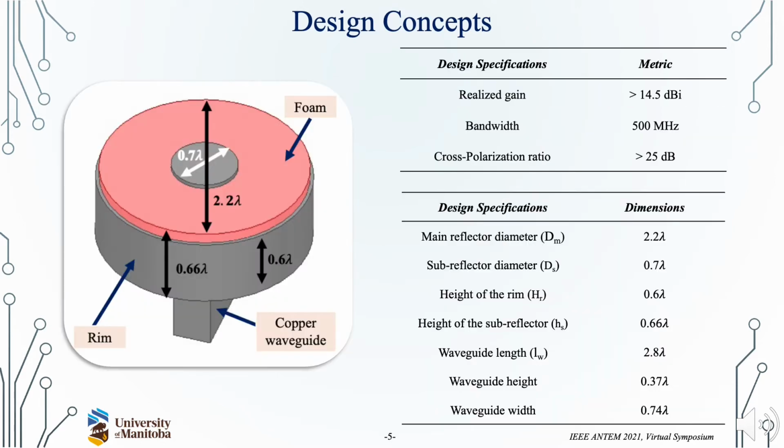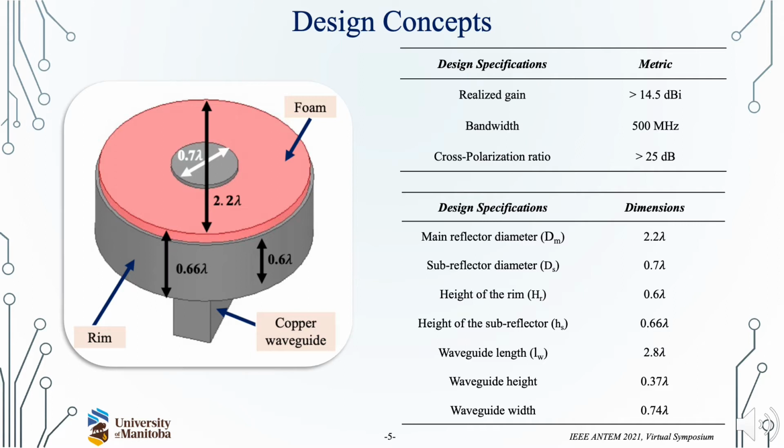As you can see, the design metrics are shown in the upper right table. The goal was to design an antenna with realized gain of greater than 14.5 dBi, bandwidth of 500 MHz, and cross-polarization ratio of greater than 25 dB.